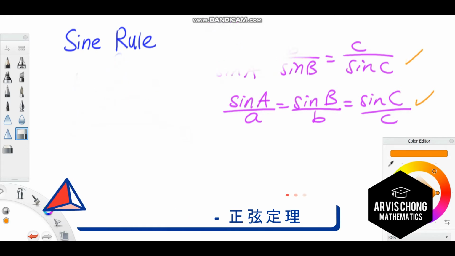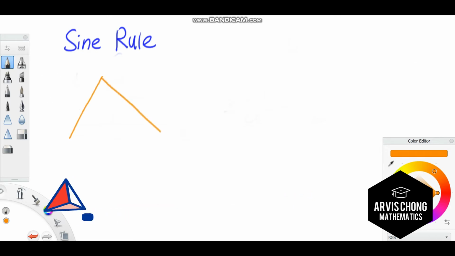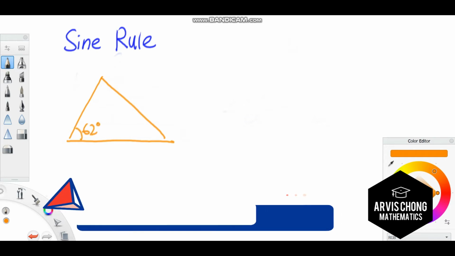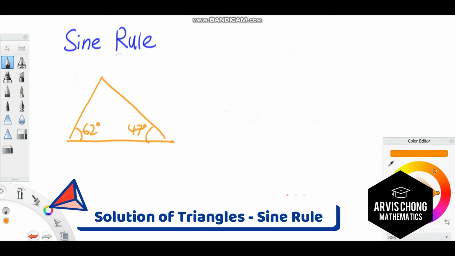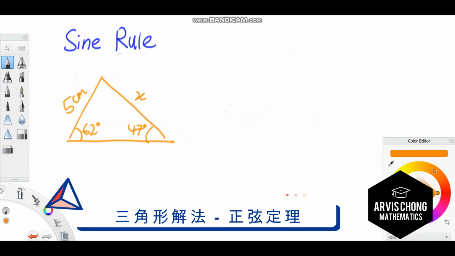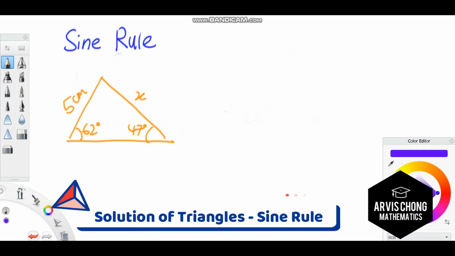Let's say we have this kind of question. This angle is 62, here is 47, and here is 5 cm, and the question asks us to find the value of x. Since the question is asking us to find the length, we start from the small letter, which is the length.